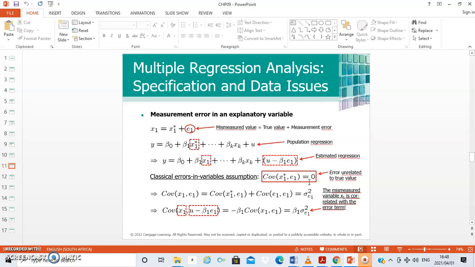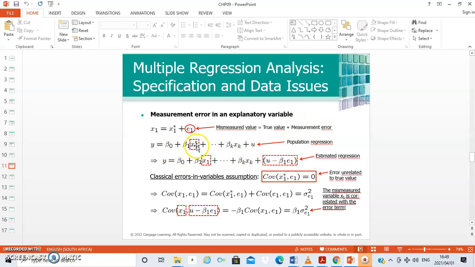Then what happens if it's the independent variable which is mismeasured? If we take x1 star to be the population value, then the estimated x1 will include a mismeasured value e1, which is the measurement error. Again, it's the true value plus the measurement error.